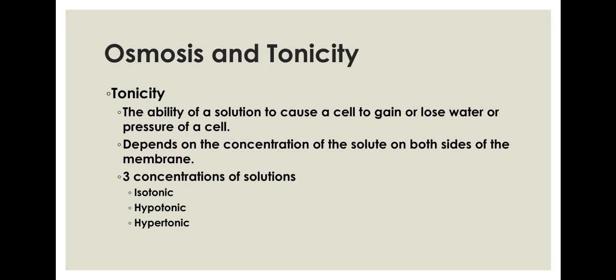So these are relative to one another. You cannot really just say like, oh yes, that is an isotonic thing. It needs to be isotonic to the solution it is in. That's what I mean by relative. And there are three main types: isotonic, hypotonic, or hypertonic.